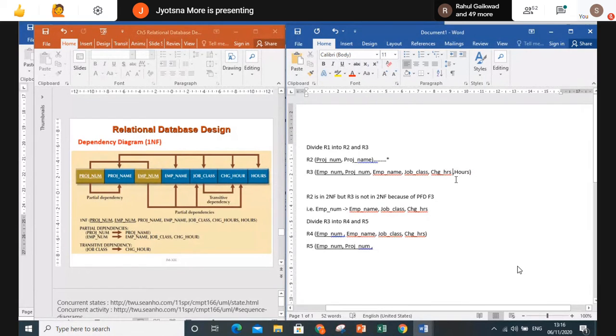So I required hours, so I will just take it over here with this. Hours is my non-key attribute. Okay. So these are my R4 and R5 now. In this case, primary key is everywhere clear. Done.